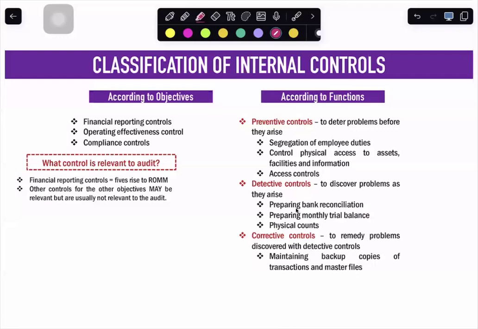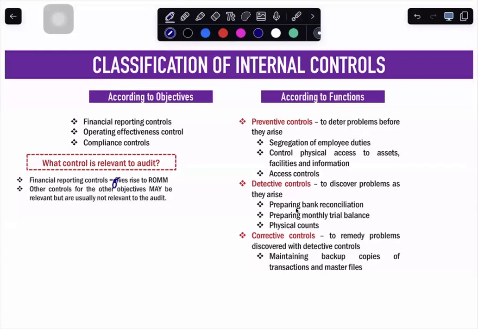Now, since we have three types of objectives, what control is relevant to audit? Normally it is your financial reporting controls because this gives rise to your ROMM, or risk of material misstatement. Other controls for other objectives may be relevant but are usually not relevant to the audit.